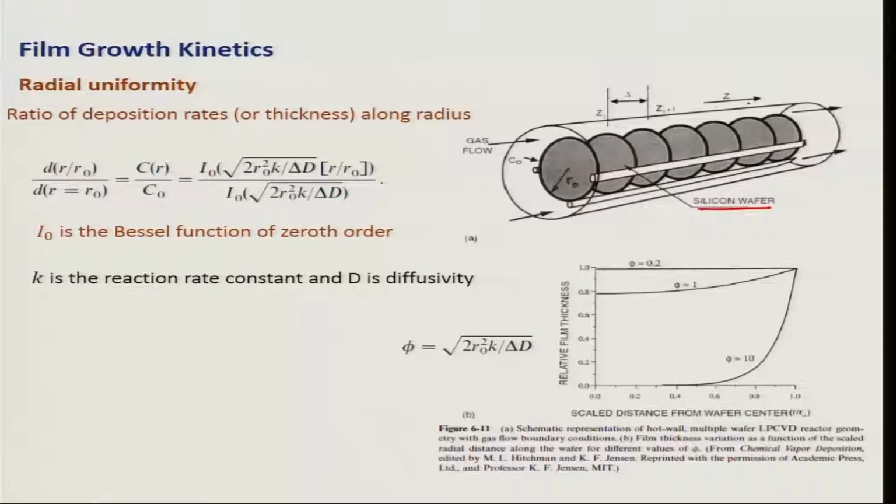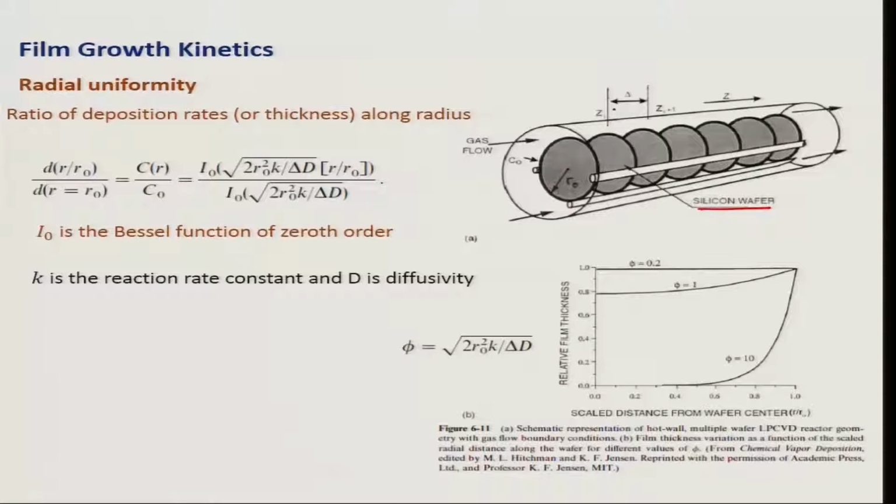Gas flow is from the left, the concentration at the surface of the first wafer is C0, and we want to know the radial distribution or radial uniformity of the thin film deposition on each wafer.